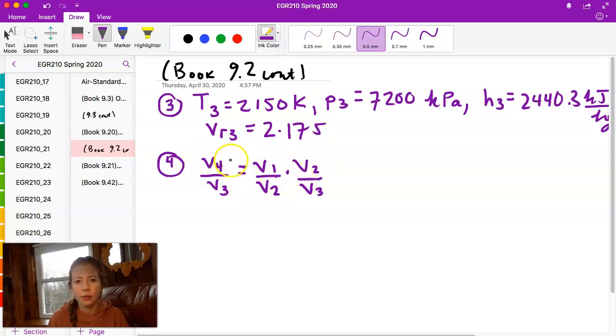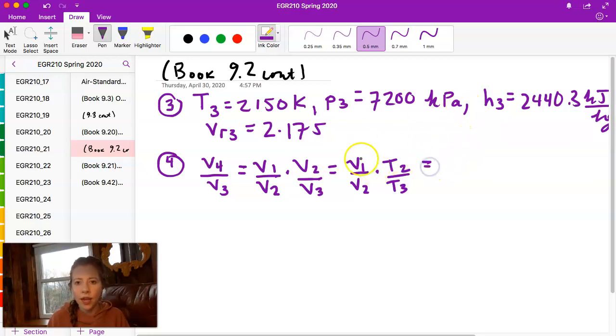So basically here we're saying that V4 over V3 is going to be the same as V1 over V3. And so this is going to be the same as V1 over V2 times V2 over V3, and that ratio is the same as T2 over T3, using the ideal gas law.